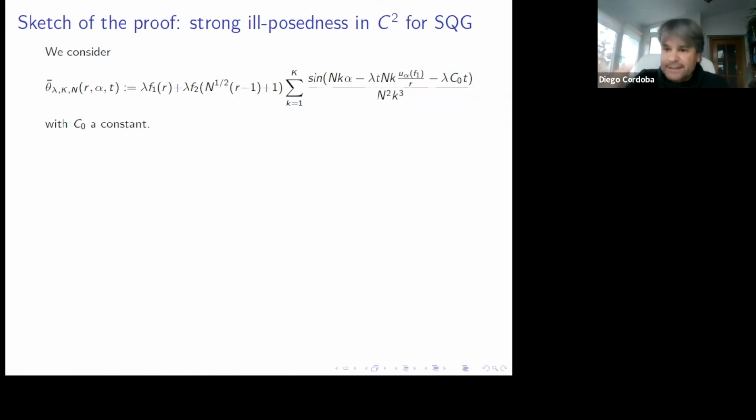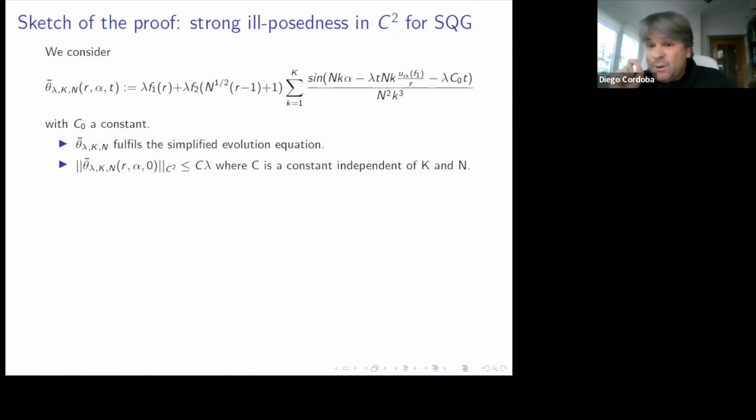Okay. This is an expression. Why do I choose this? This is a solution of my previous approximation. It's an exact solution. At time equal to 0, this is bounded by a constant, which only depends on F1, F2, and this is going to be given, times lambda.